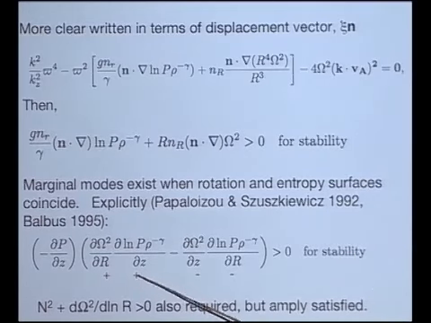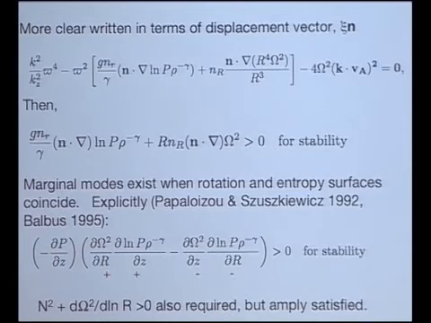I've indicated in the solar models how this would be satisfied if I put a 0 over here to look just at the marginal case.